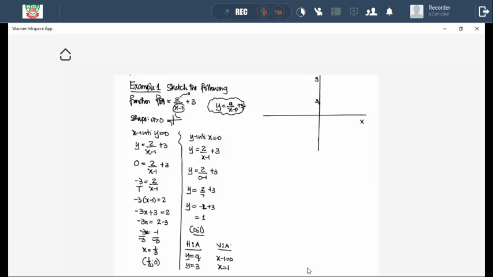So I'm going to draw a horizontal line with dotted lines. There you go. That's my horizontal asymptote. You label it y is equal to what? 3. I'm now also coming to the vertical asymptote, x is equal to 1.